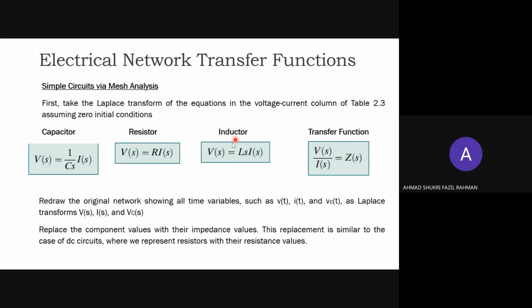So from these three components, we first establish the basic representation in the form of voltage-current. By taking the voltage-current representation of the capacitor, V(s) is equal to 1 over Cs multiplied by I(s), and also the resistor and inductor. The transfer function would be V(s) over I(s) is equal to Z(s), which is the impedance.